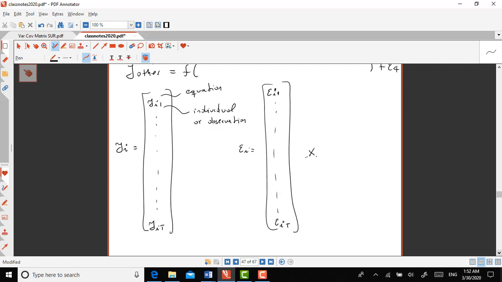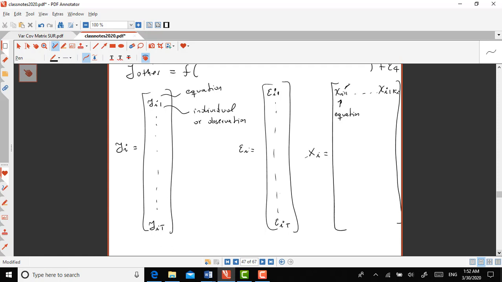So for our matrix Xi, it will be a little bit more complicated because we're going to have Xi11, and so on and so forth, up to Xi1Ki. Remember that i corresponds to the equation.